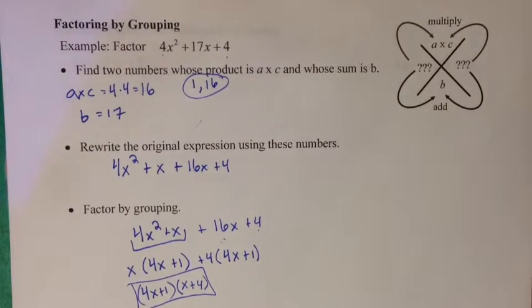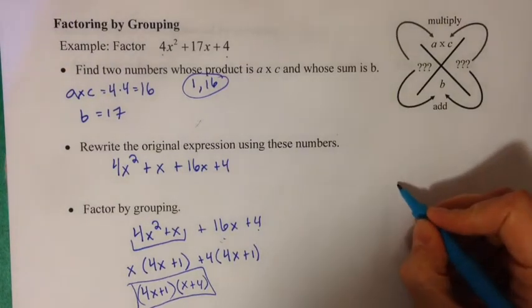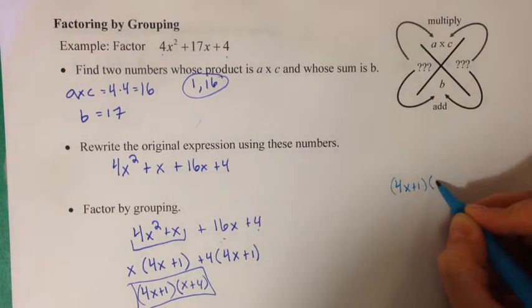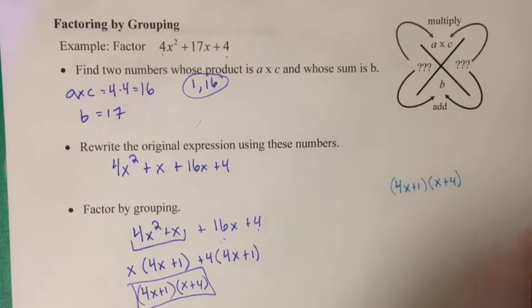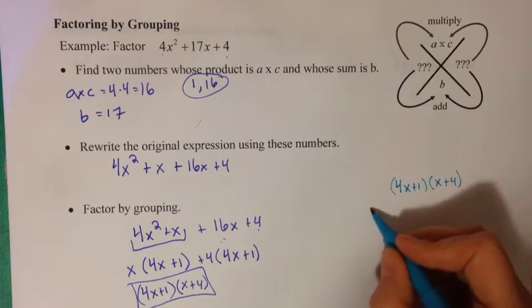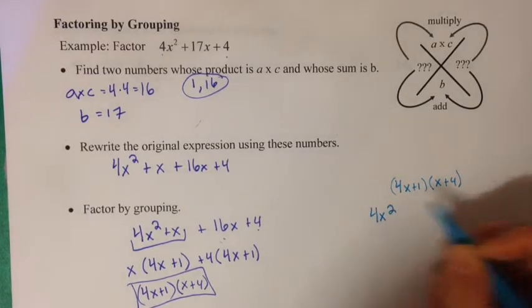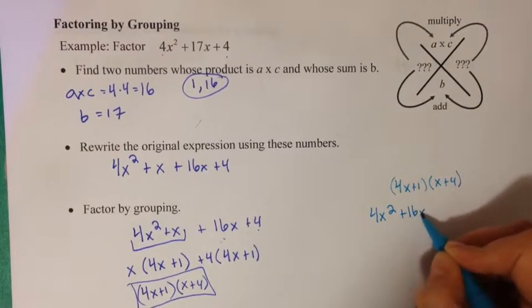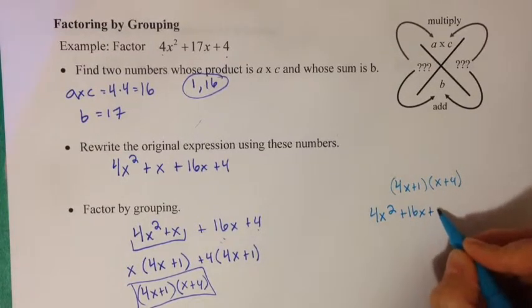I'd like to go ahead and check our answer, and while we're at it, we'll think about the factoring process. So I got 4x plus 1 multiplied by x plus 4. When I start multiplying this out, I get 4x multiplied by x is 4x squared. Then my outside terms give me a plus 16x and then a plus 1x.